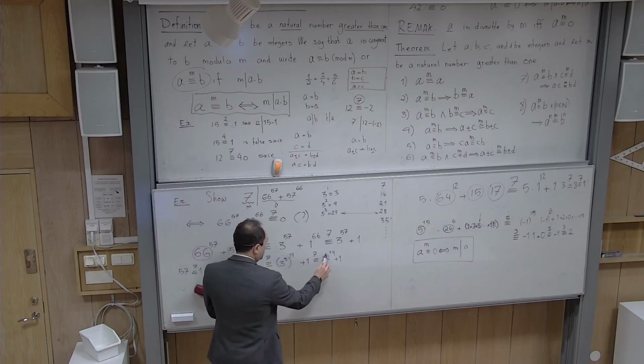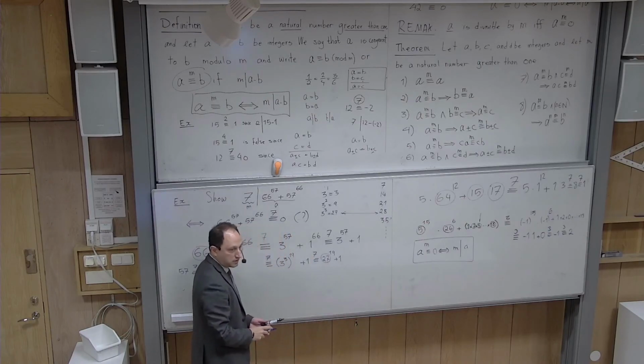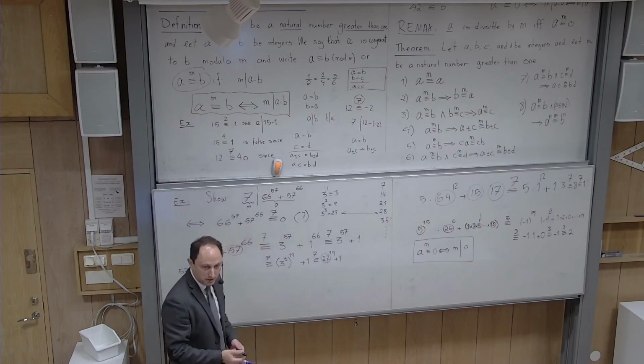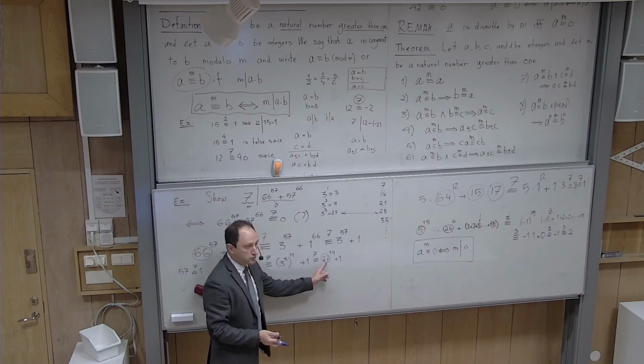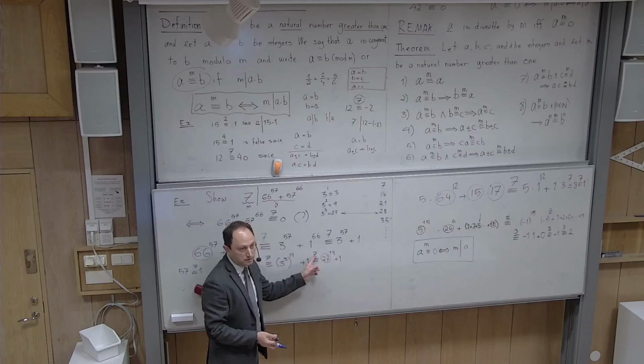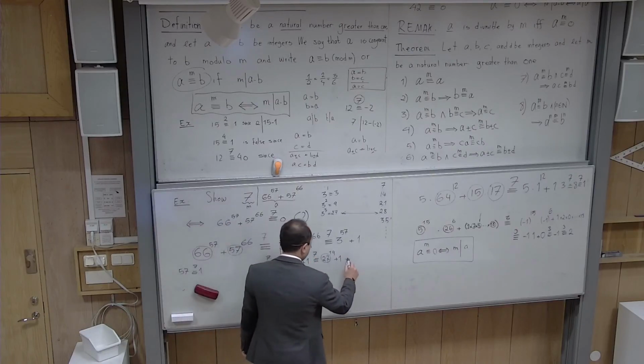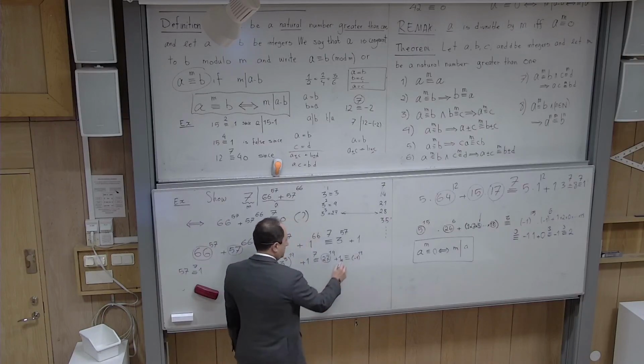But now again, you have the same scenario. This number goes above the modulus, so again you can decrease it. This time it is easy. Which one do you choose for 27 if you're supposed to work in modulus 7? -1. So then it becomes -1 to the power 19 plus 1.